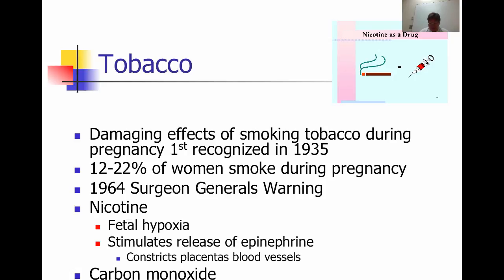Carbon monoxide is known to interfere with the hemoglobin's oxygen carrying and oxygen releasing capabilities, and therefore increases the risk of fetal hypoxia as well, which is just the lack of oxygen to the body tissues. So that's what's going on here. There's a lack of oxygen being released to the body's tissues because of these ingredients in this tobacco.